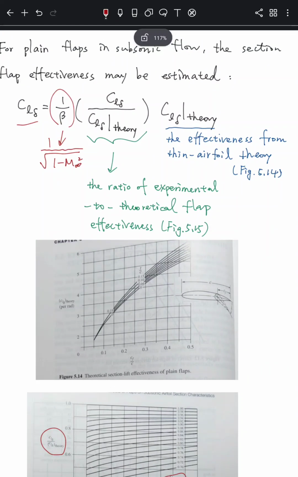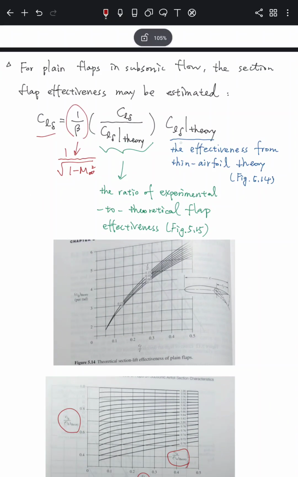And the last term, the blue one, is the effectiveness from thin airfoil theory, and you can see from figure 5.15 the theoretical section lift effectiveness of plain flaps, and we can see the two.